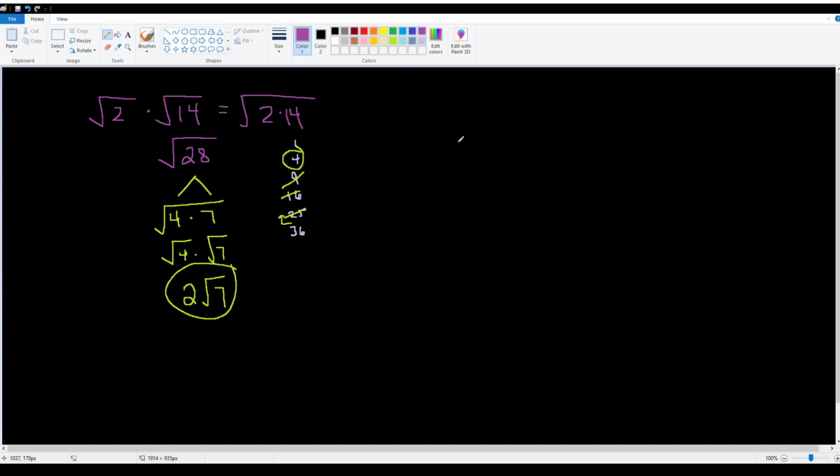Let's do another problem like this. Let's go with the square root of 6 times the square root of 8. Same concept. We take the two numbers and multiply them together first.